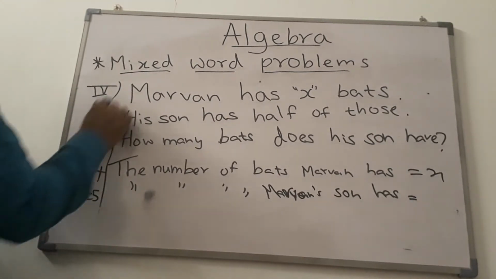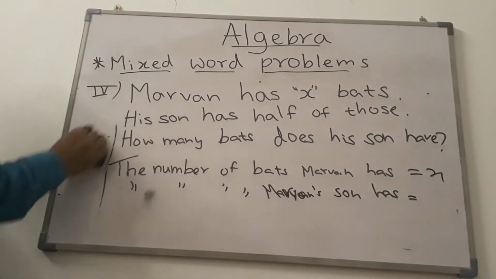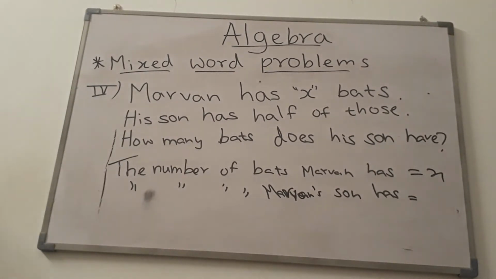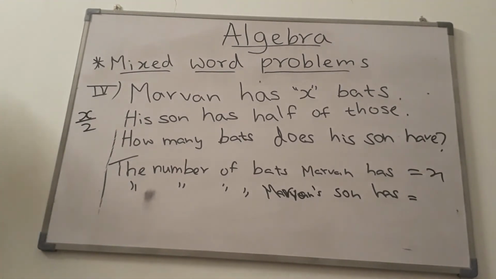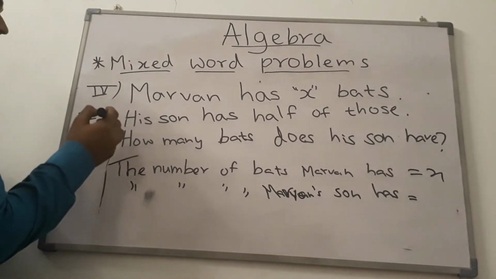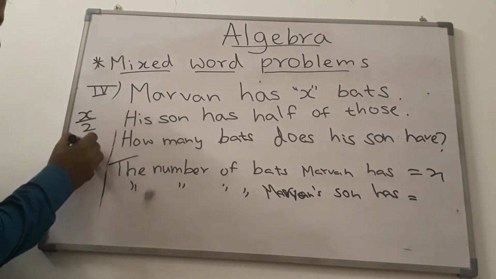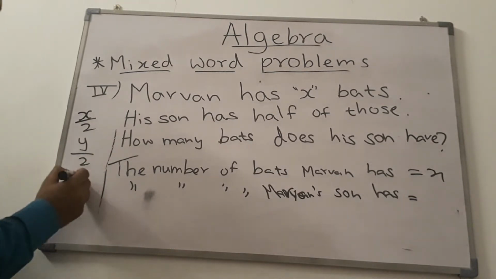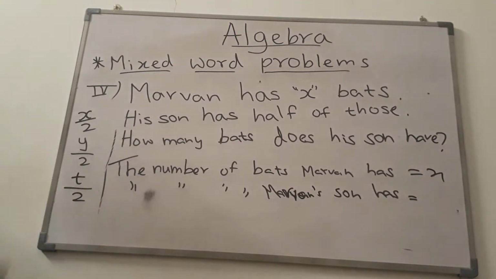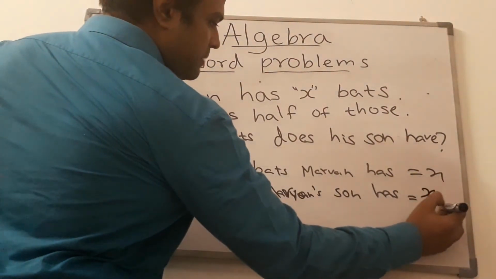Likewise, if we are asked to find half of x, we have to divide x by 2. If we are asked to find half of y, we divide y by 2. If we are asked to find half of t, it is t divided by 2. So here the answer is x divided by 2.